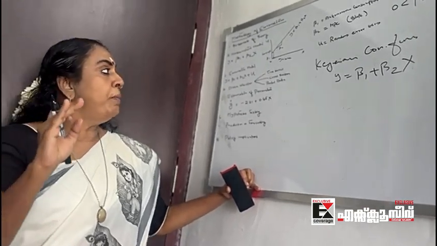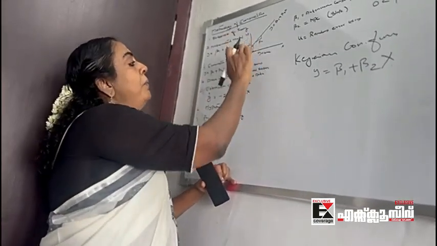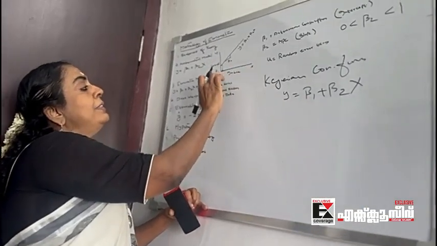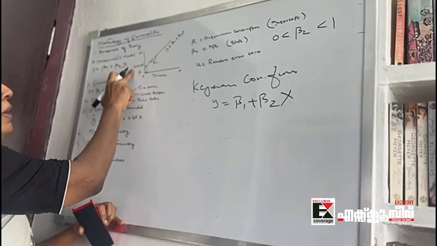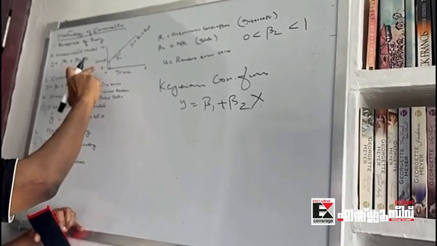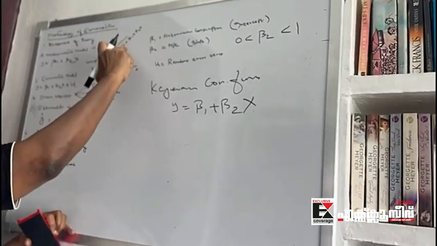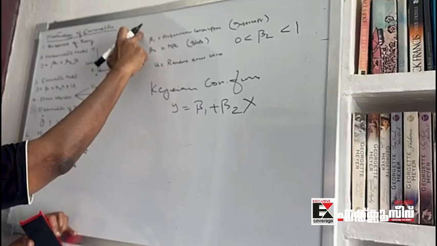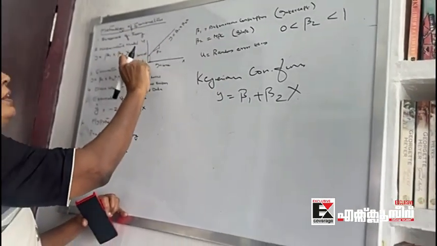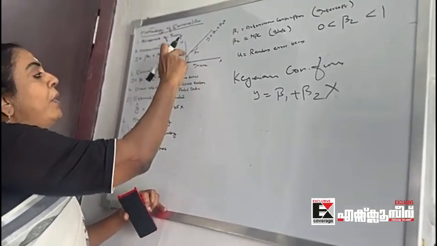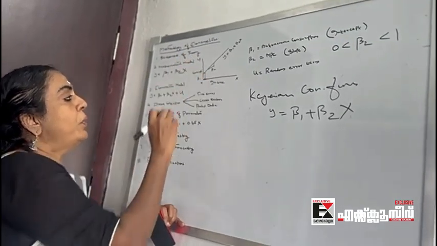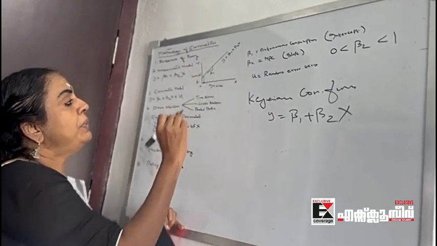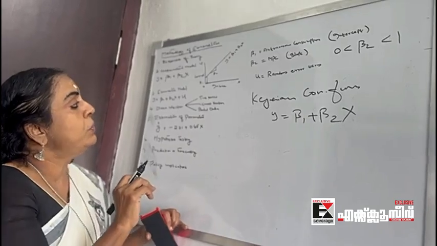When you draw an econometric model, you have a model like this. That is, it's a regression function. Income on the x-axis, and on the y-axis you draw consumption. Then the regression line is drawn where y is equal to beta 1 plus beta 2 x. The distance between origin and the intercept on the y-axis shows autonomous consumption, and the slope of the line shows marginal propensity to consume.